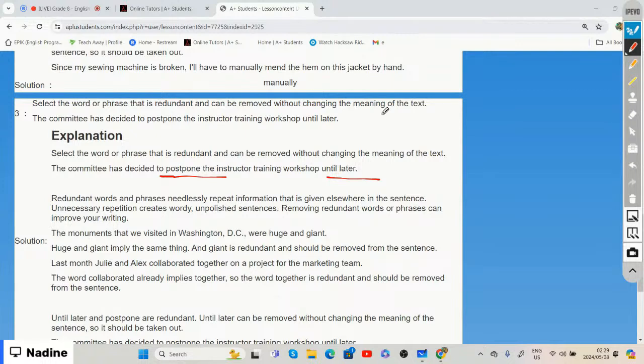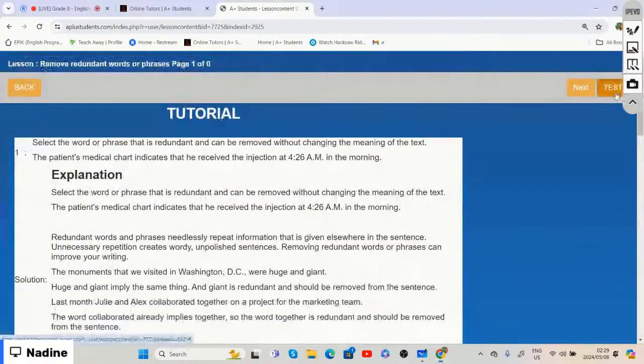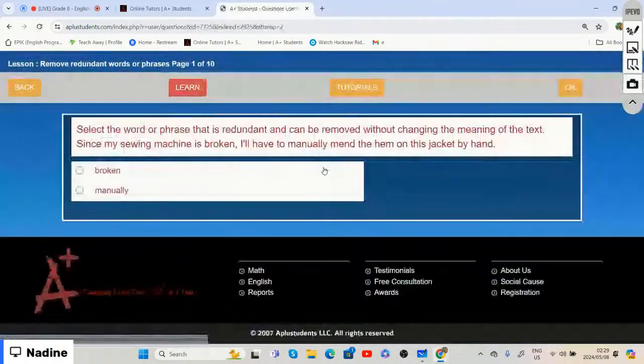All right. So now we're going to our test where we are going to remove redundant words or phrases. And remember, redundant words or phrases are those unnecessary added words that we've added on to make our writing piece lengthy.